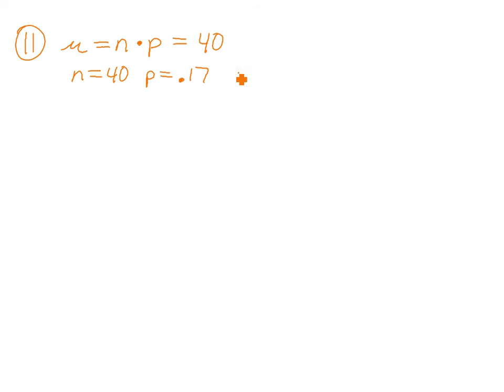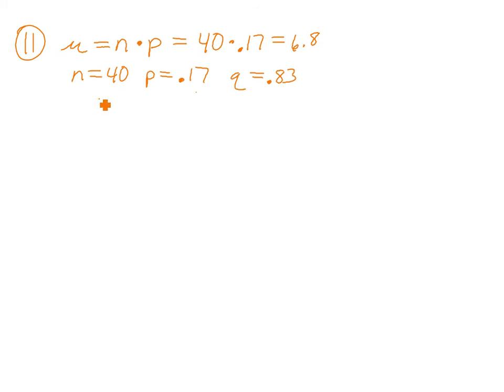We're going to need Q in a minute, so we can find it. You just take 1 minus that 0.17, which is going to be 0.83. For the mean, it's 40 times 0.17. Do that on your calculator and you get 6.8.